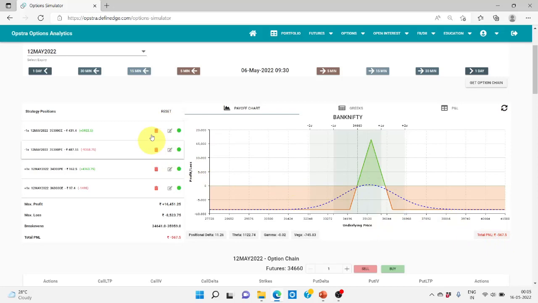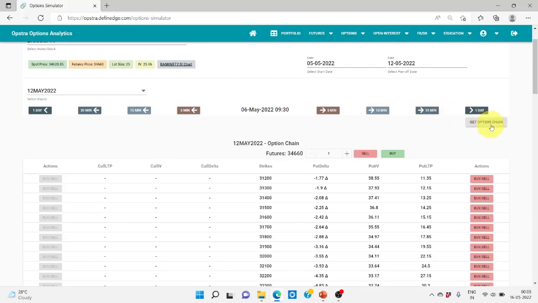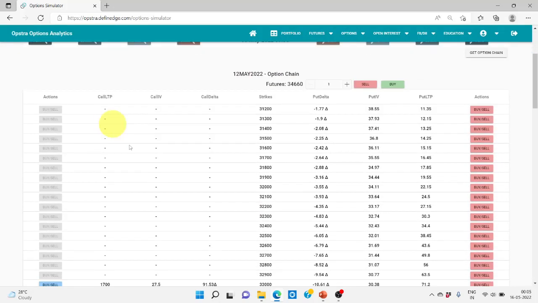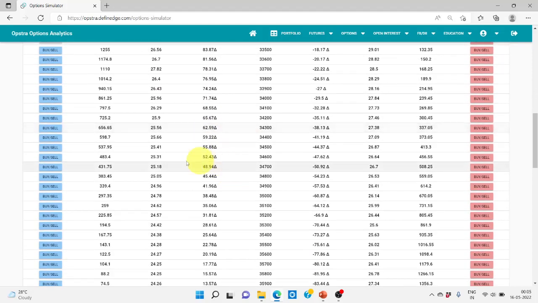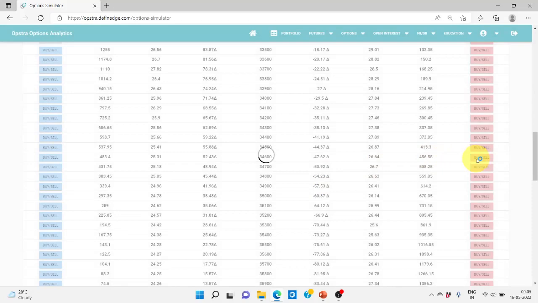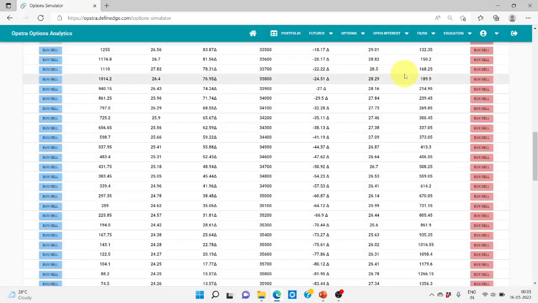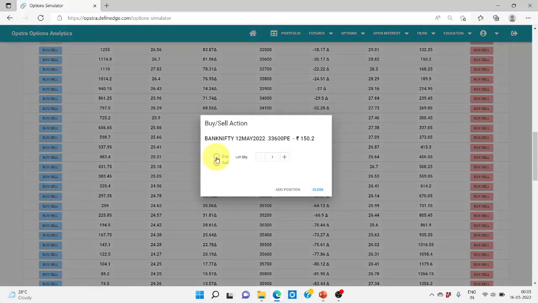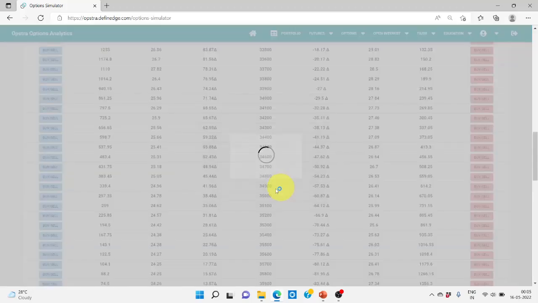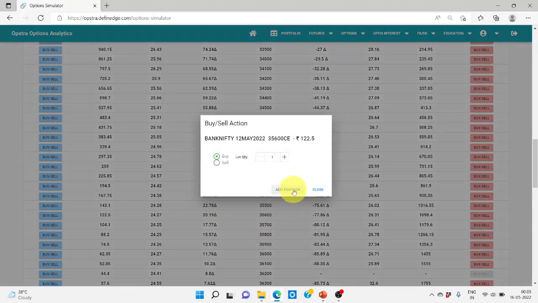Even then our loss was only somewhere around 500 or 600. So what we do is we totally exit this position. We book a loss of 600, and where we are right now, at 34,600, there we shift our position. We move our position totally to 34,600 call and put we sell, and we buy 33,600 and 35,600 as hedges.